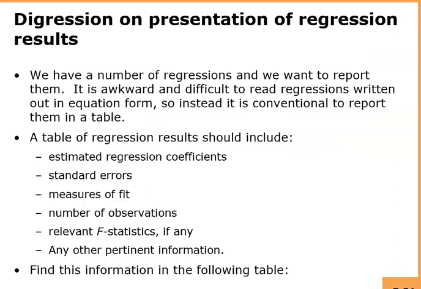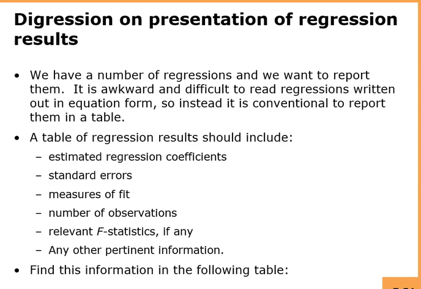So if you have a number of regressions and you want to report them, meaning you have different model specifications, which are your alternative model specifications, just writing down the equation and writing the coefficients and standard errors in the form of equations can become really difficult to read.